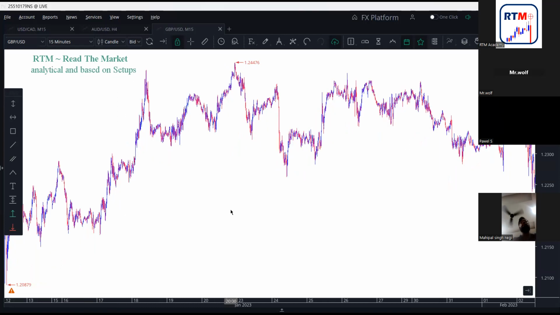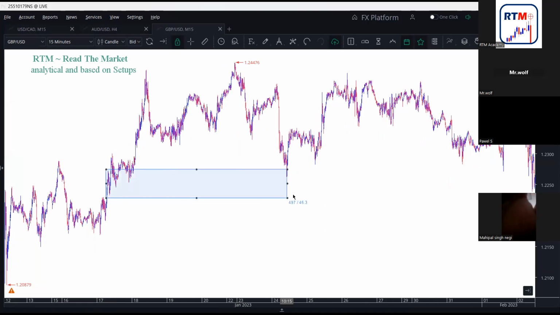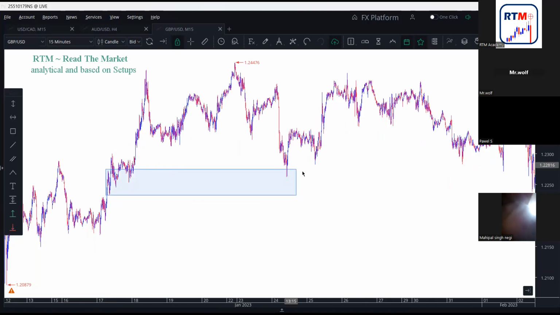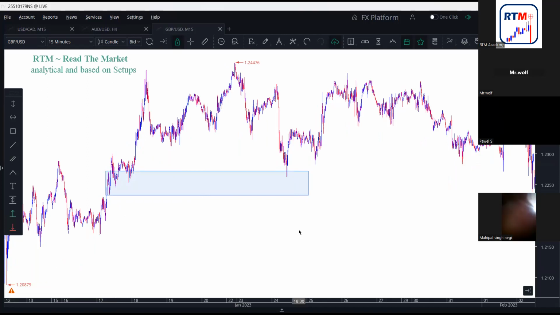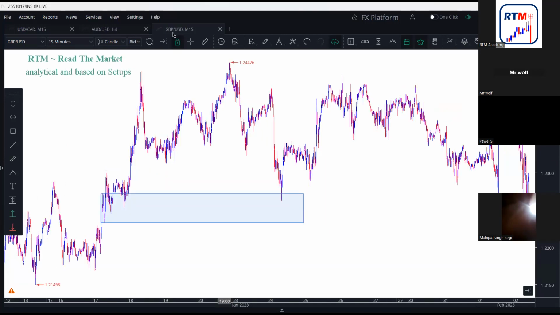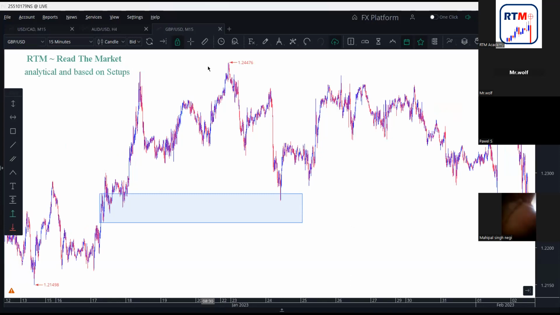In this way, we never make a touch trade. At first, we identify the FL, our flag limit, and after that, we wait for rejection, and after the rejection, we continue with the setups. So let me draw a schematic right here for you.